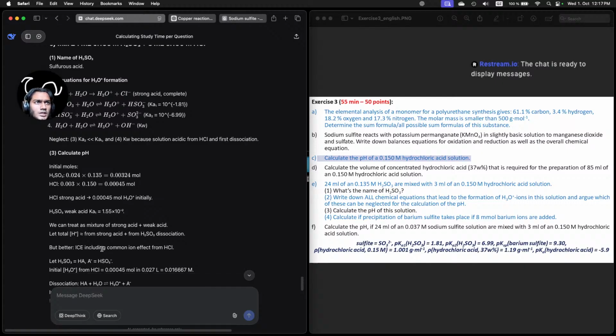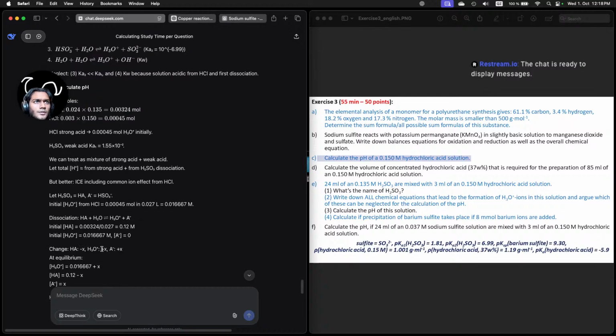But better ICE including common ion effect from HCl. I think I should ask this question to ChatGPT.